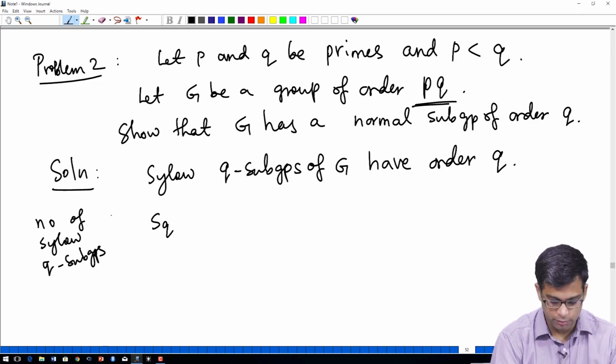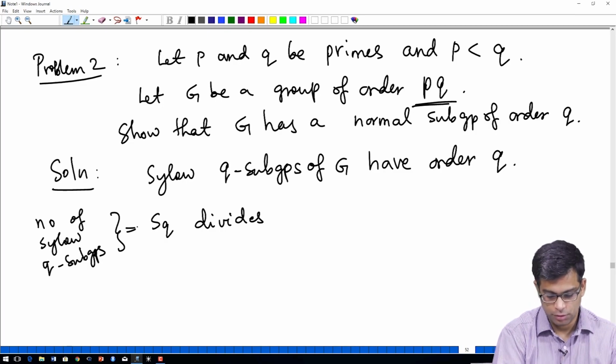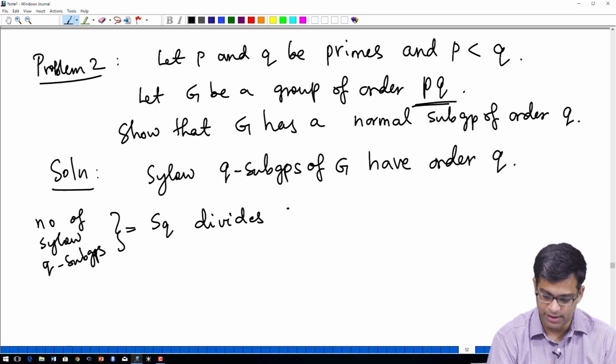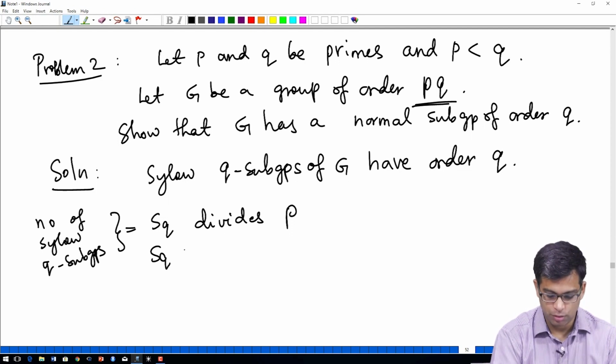We know that SQ divides P and SQ is 1 plus aQ.